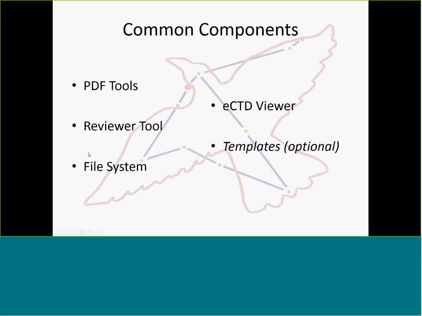You use a file system to store your authored documents as well as your final eCTD. You'll need eCTD software itself. I personally recommend a set of templates. These provide some guidance and some structure that really isn't available in the desktop system itself.